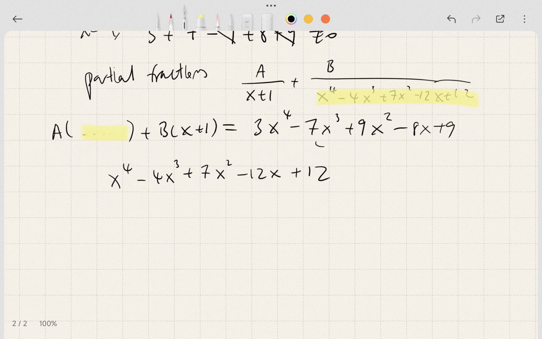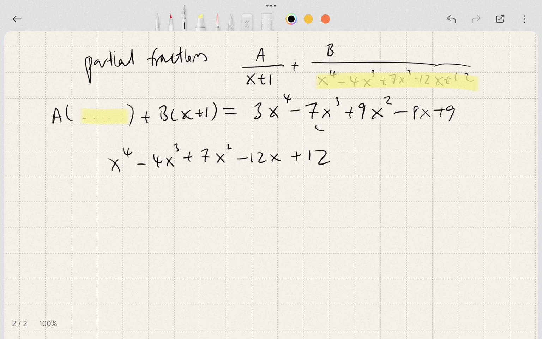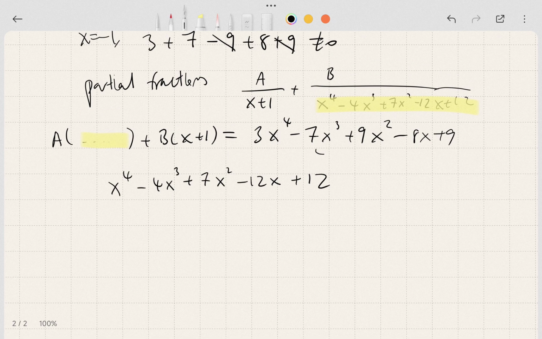And thinking about the things we've tried out, 2, minus 2, 3. What about minus 3? I know it's going to be positive. What about 4?